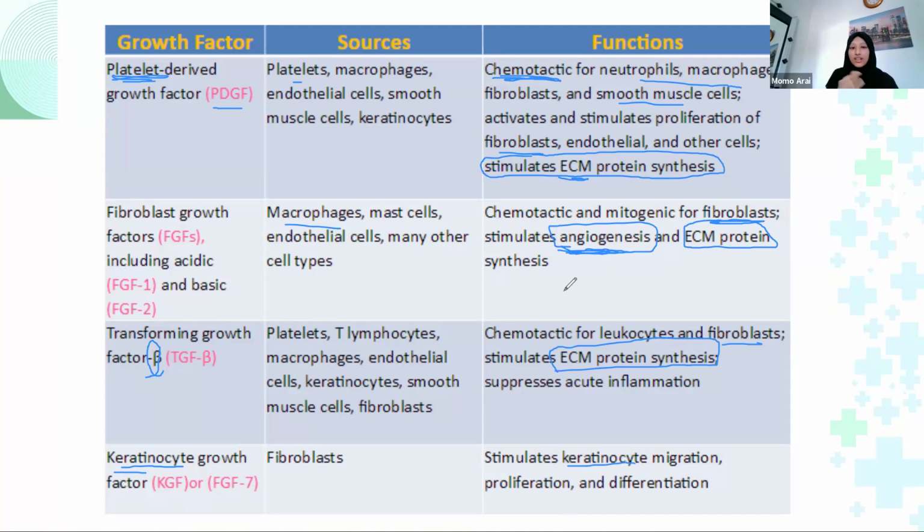Again, like I said, focus on the unique functions and the things that are in common with each other. For example, he could ask you which one would help in extracellular matrix protein synthesis, or keeping the matrix stable, or help in healing. The choices could have this one and other wrong answers, but this would be the answer. You get my point? So it could be this one that he put, or this one, like fibroblast.